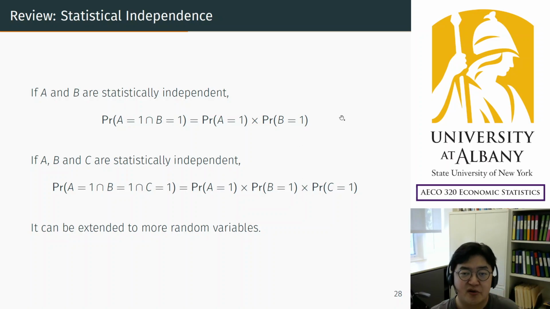It is a direct, straightforward extension of the 2 events case. Even if you have more events, like A, B, C, D, E, F, G happening at the same time, that probability is the multiplication of simple probabilities as long as they are independent. I will use this property when I have more than 2 events. That is why we need this independence assumption.